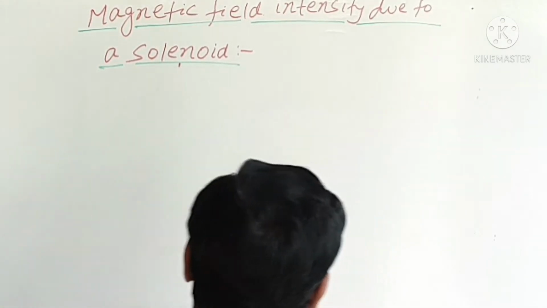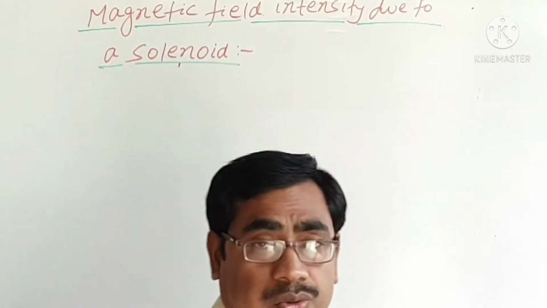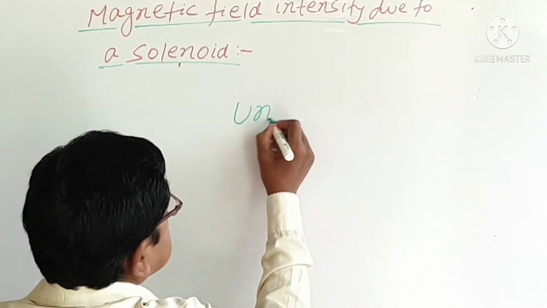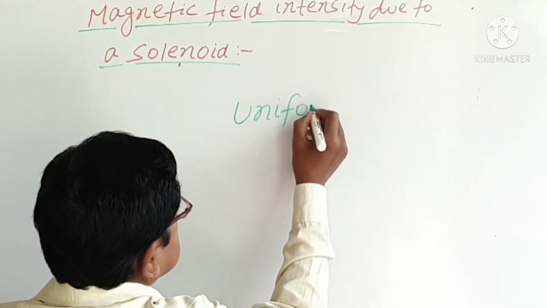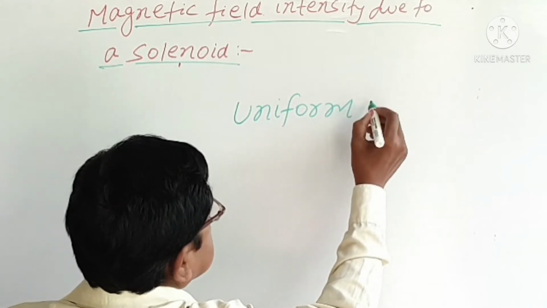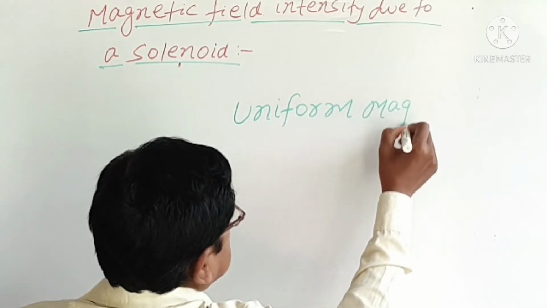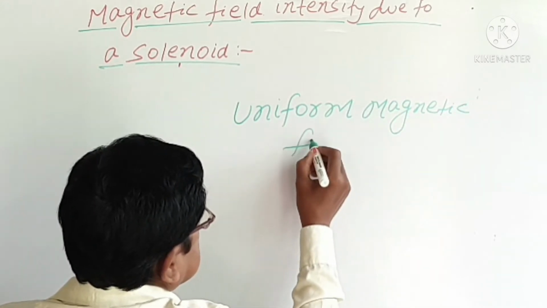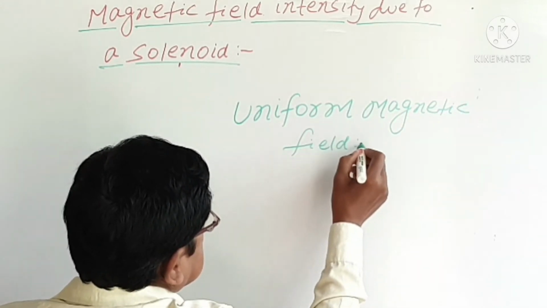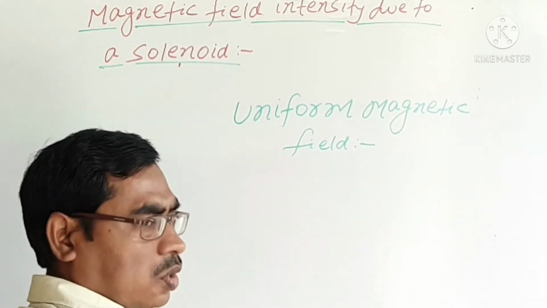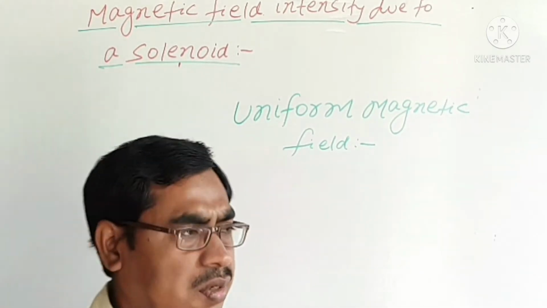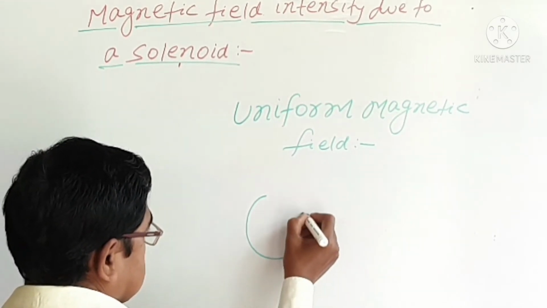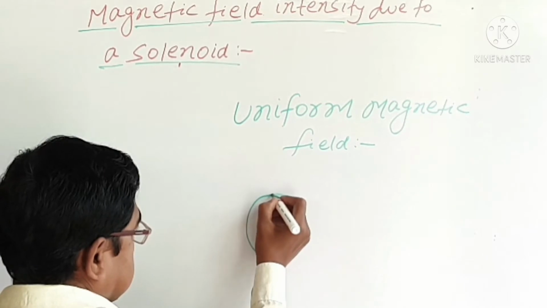Now, the second concept which you should know is the concept of uniform magnetic field. Okay. For this purpose, we consider one of the circular turns. This is one of the circular turns.